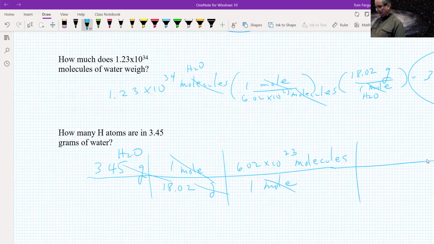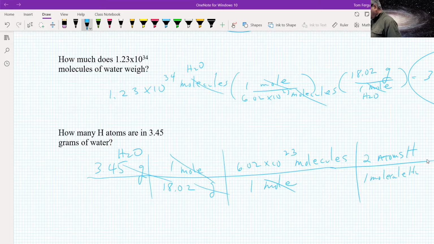Okay, so now we have molecules of water. Now we can convert from molecules of water to atoms of hydrogen. So that's the two atoms of H to one molecule of water.